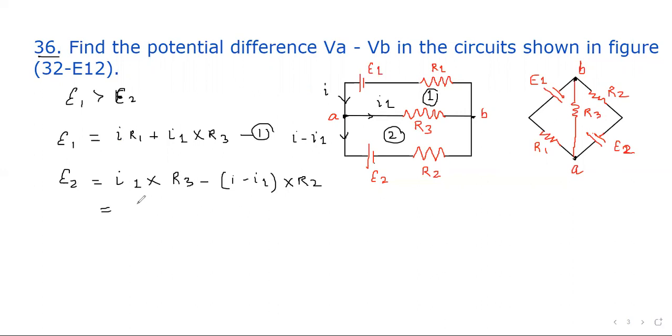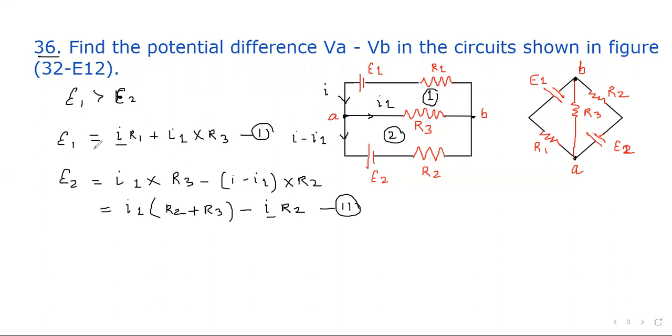If we open the bracket, minus minus will become plus. So we can say I1 times (R2 plus R3) minus I times R2. This is equation number 2.